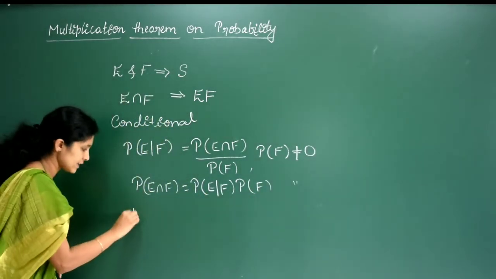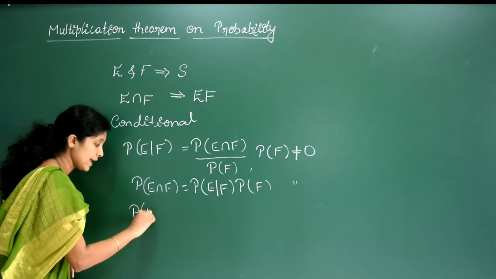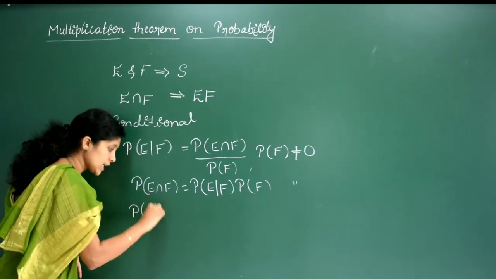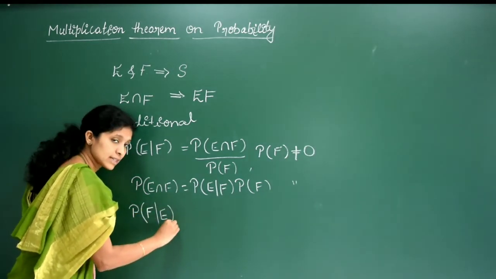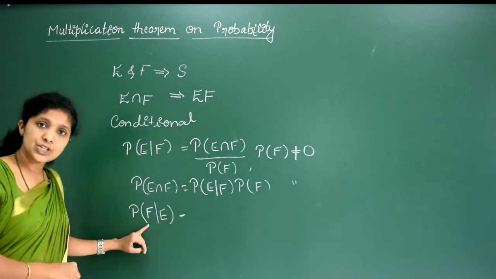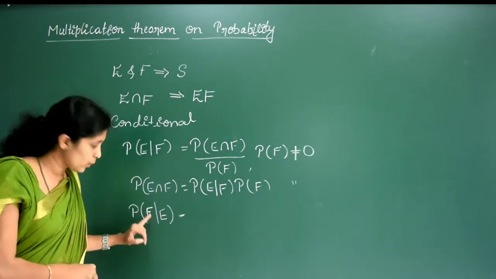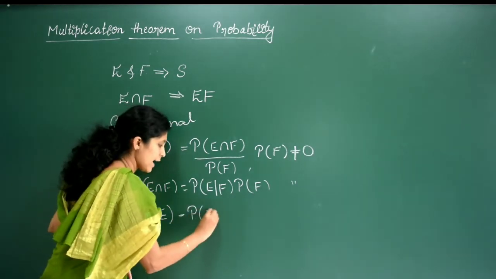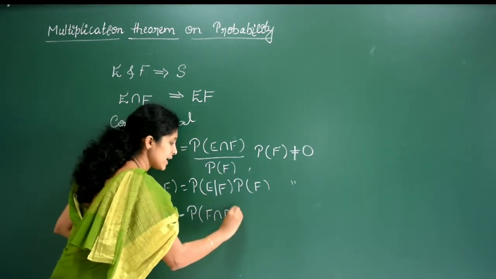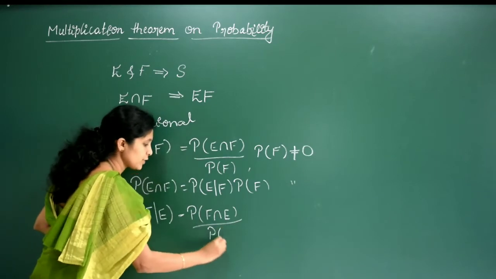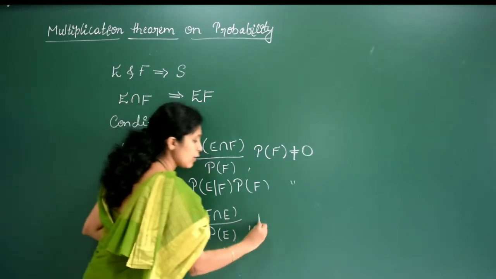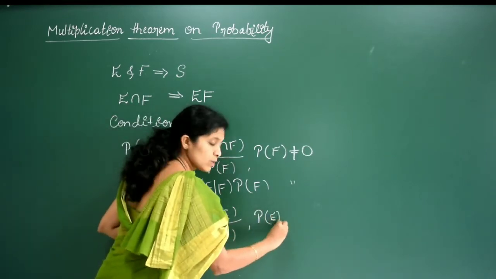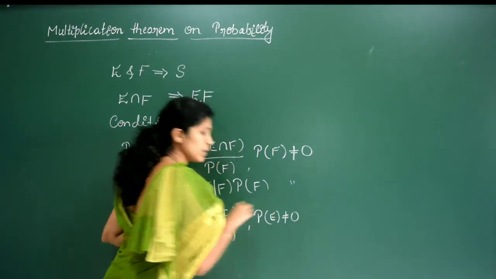Now, the conditional probability of an event F when E has already occurred is given by P of F intersection E divided by P of E. Here P of E cannot be equal to 0.